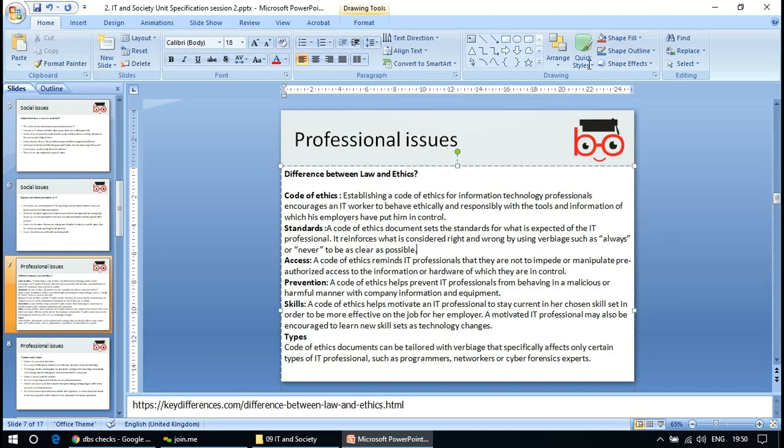For example, you are authorized to change a name, but you should do it after logging into the system. By law, for example, you shouldn't use your system after 5 p.m. Prevention: a code of ethics helps prevent IT professionals from behaving in a malicious or harmful manner with company information and equipment. So you should protect your IT equipment as well.